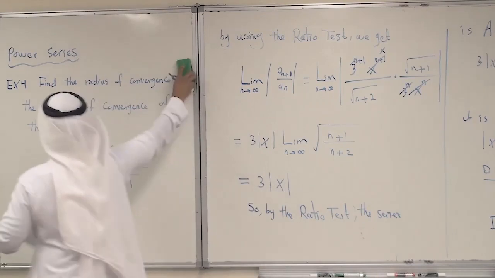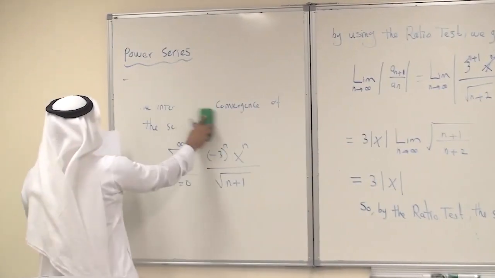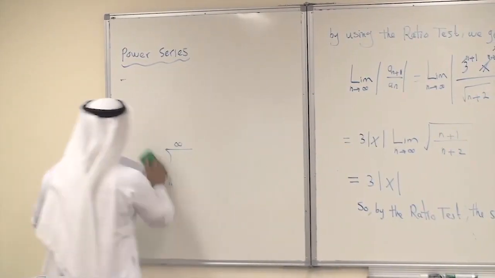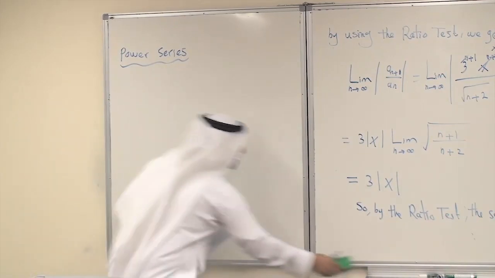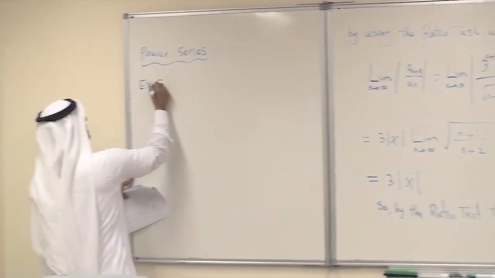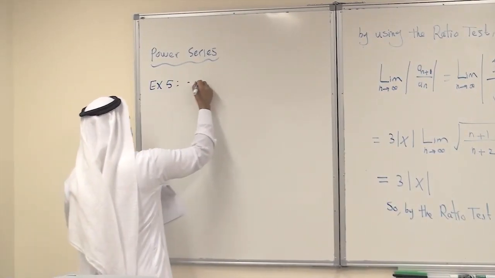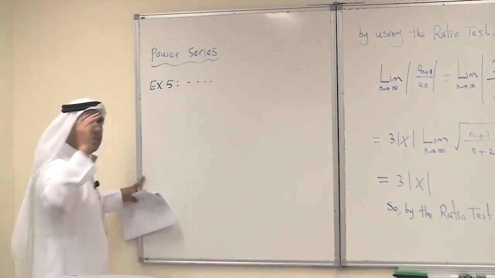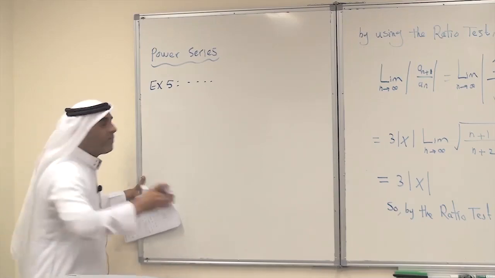So we have now plenty of exercises about this. Okay, I will repeat the same story here. So this is example number 5. Example number 5 has exactly the same statement as example number 4. We are looking for the radius of convergence and interval of convergence.